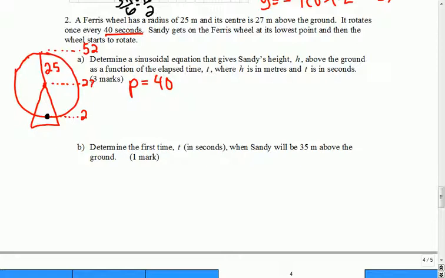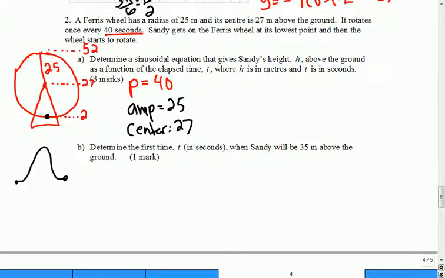So 40 seconds. From this information, I can see that the amplitude is going to be 25. And I can see the center line there of 27. So all that's left is for me to figure out the phase shift. If she gets on at the bottom, that's what the graph's going to look like from the lowest point up.